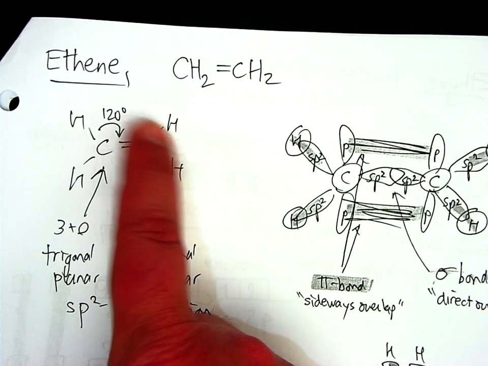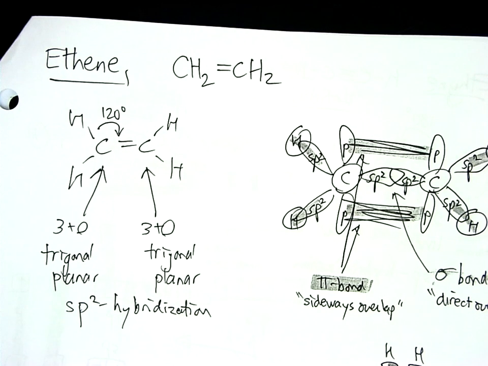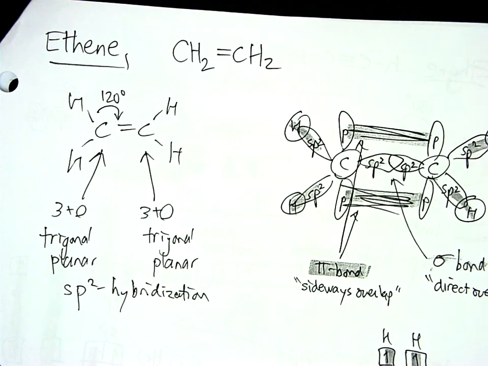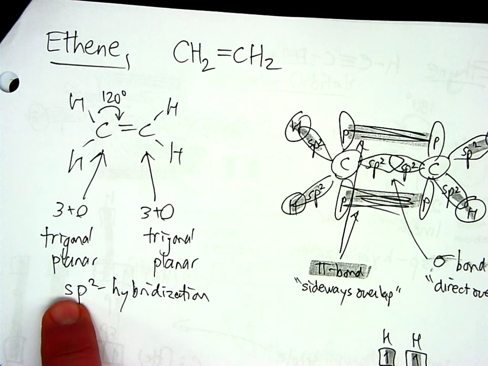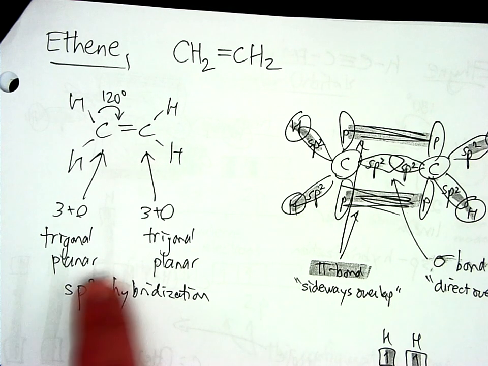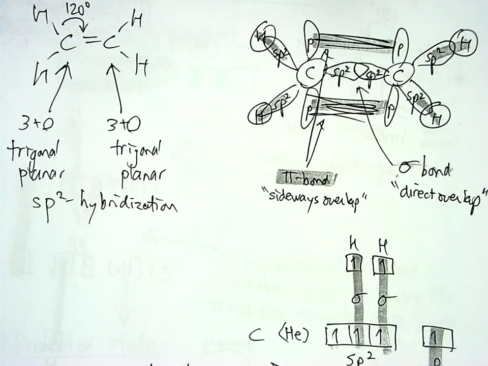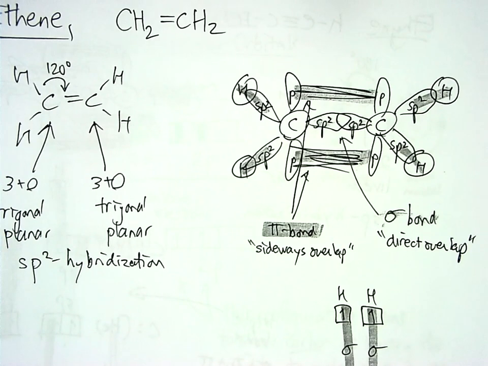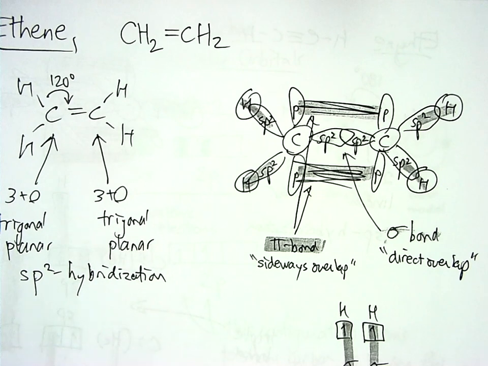Trigonal planar on the first carbon and on the second carbon. Okay, this requires only 3 identical orbitals to be achieved through hybridization. So we mix an s from the carbon with 2 p's of the same carbon in sp2 hybridization of the orbitals. What does this end up looking like? Well, we've got our sp2 hybrid orbitals.